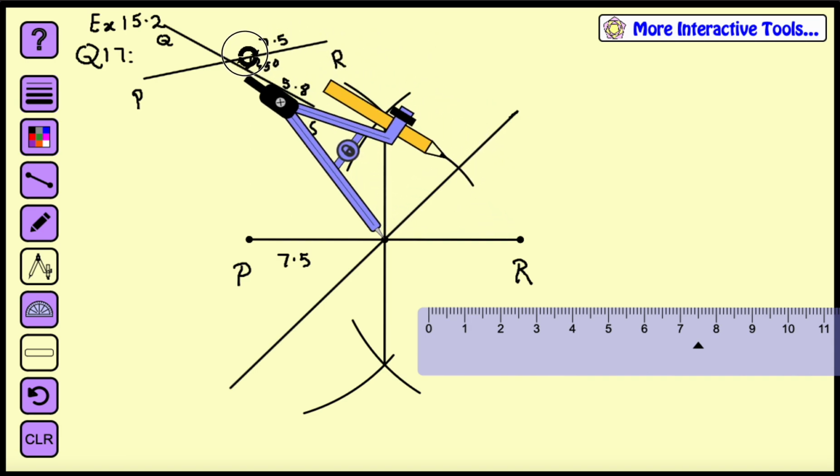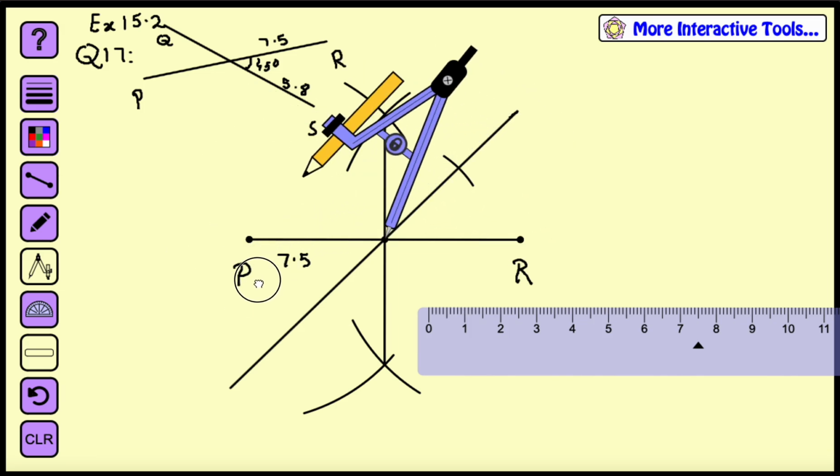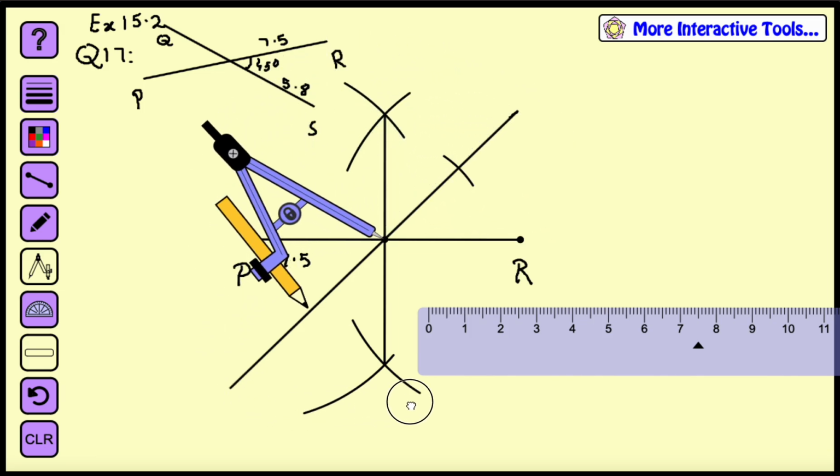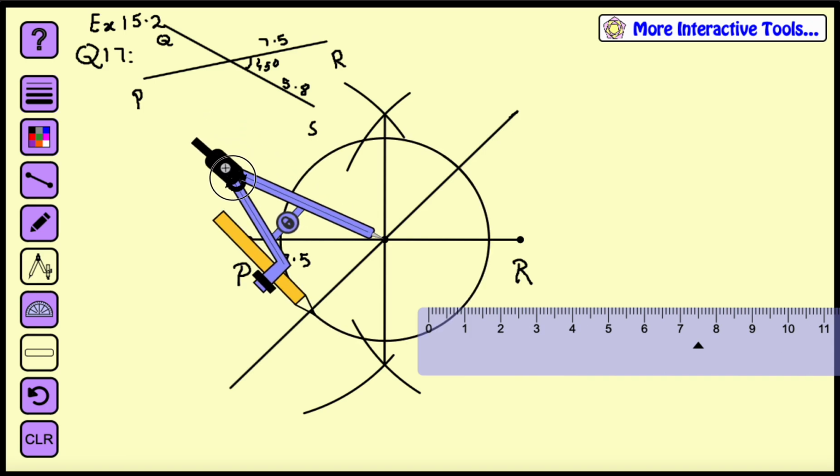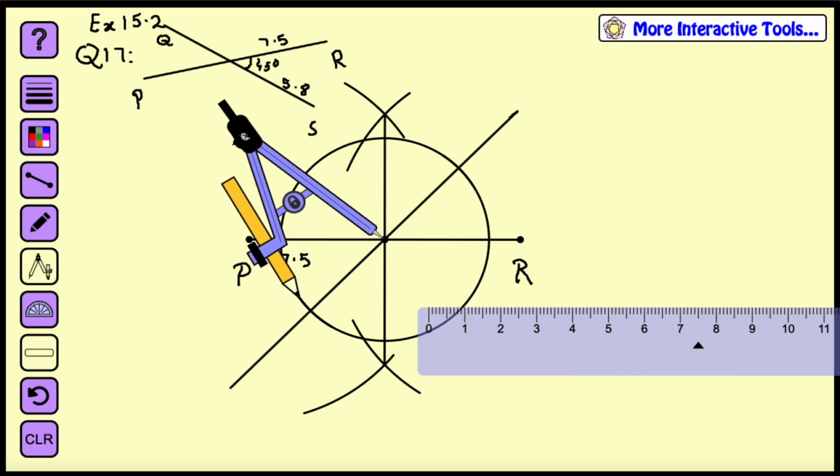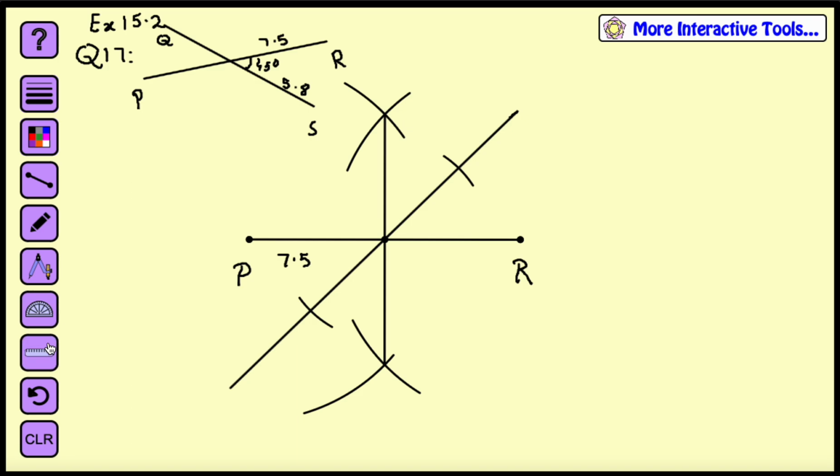Cut here, and cut here, and then this point is nothing but what?